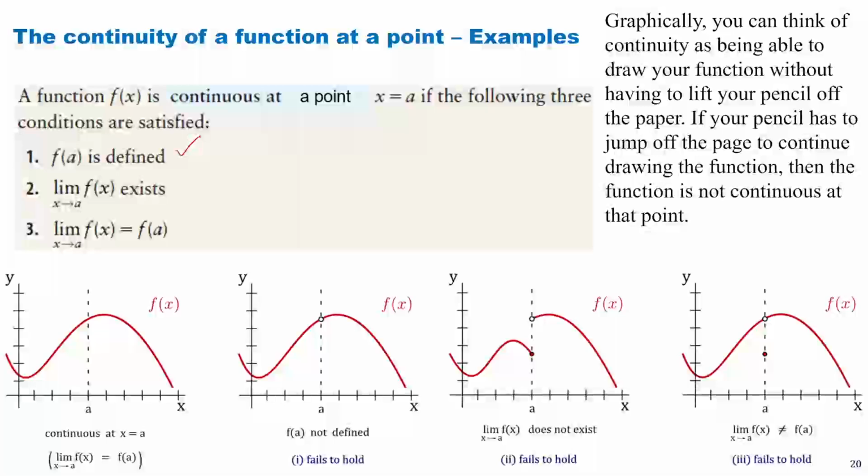Second, the limit of f(x) when x approaches a equals that point here. So the second condition can also be met, but the third condition cannot be met because we know f(a) is here, but the limit of f(x) when x approaches a is here. They do not equal. So the third condition cannot be met, and we can also conclude the function is not continuous at x equals a. Are you clear?